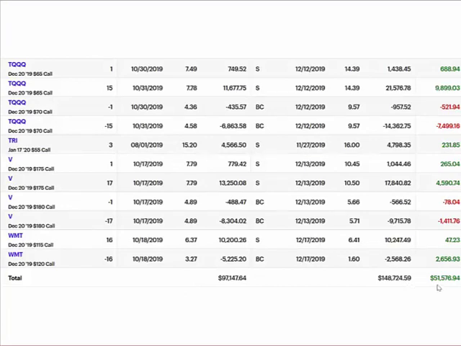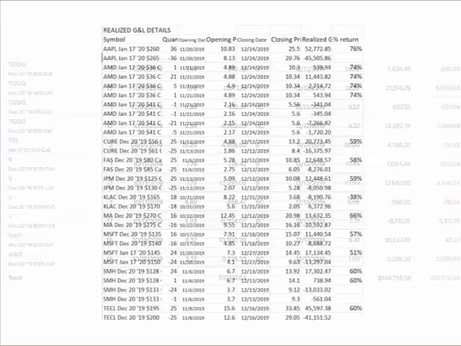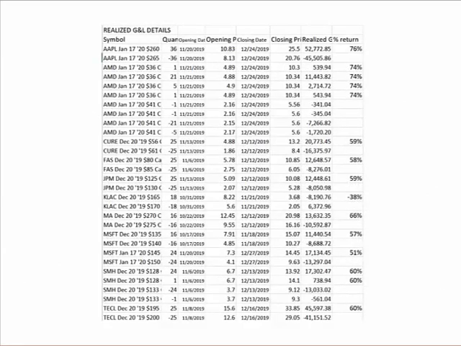And what I did is I downloaded those trades onto an Excel spreadsheet and was able to calculate the actual closed out profit for each spread. So in the first example, where I bought the Apple January 260 and sold the 265, we had roughly a $7,200 profit, and the return on this spread was 76%.